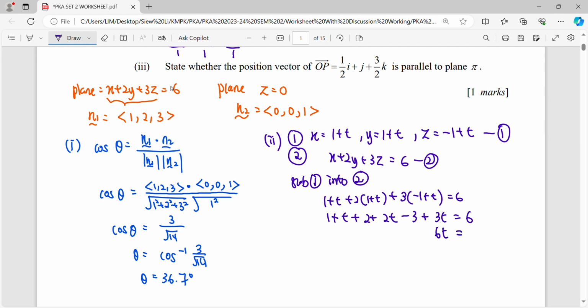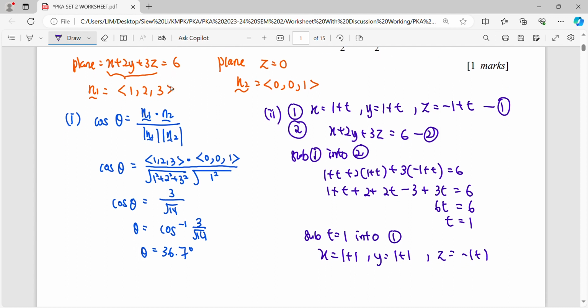Then how many constants do we have? 6. So t equals 1. Then substitute t equals 1 into equation 1. x equals 1 plus 1, y equals 1 plus 1, z equals negative 1 plus 1. So x is 2, y is 2, z is 0. Put in point form in brackets: (2, 2, 0). So this is your point of intersection.